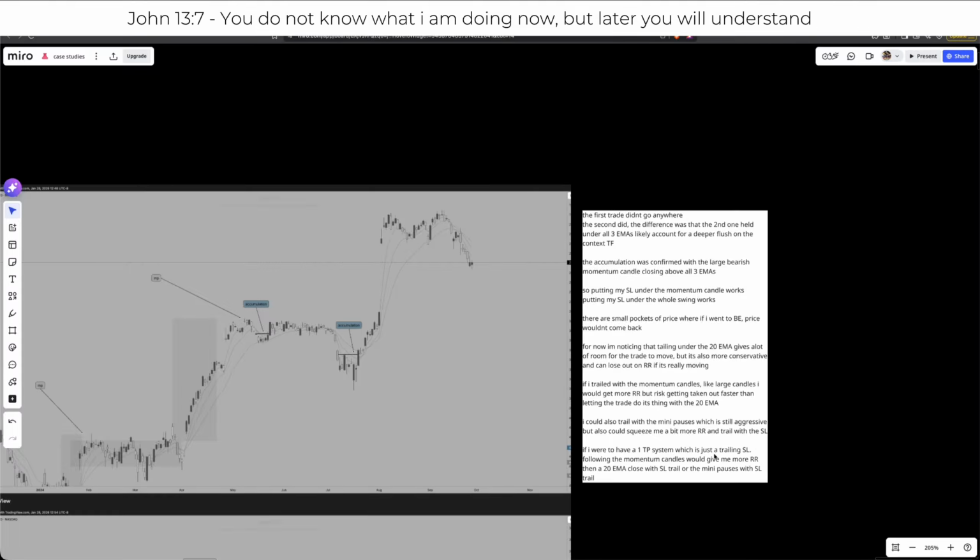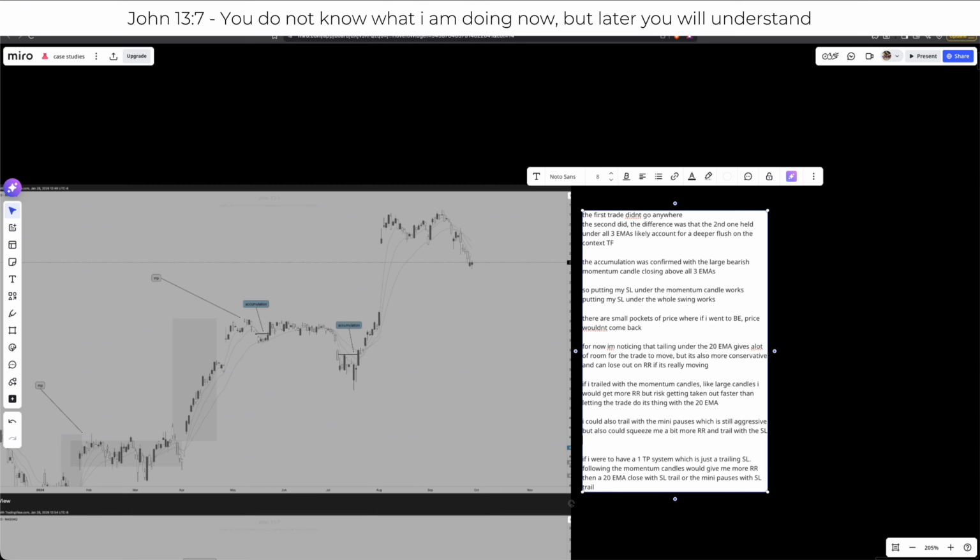If it gaps as well, I can do this. If price gaps, in this case, nothing really happened. So when price gapped, it's still okay.